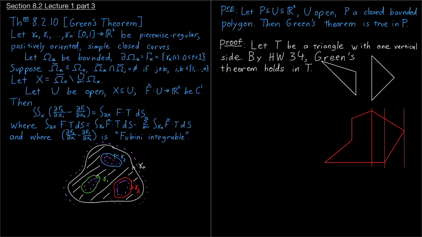Occasionally they'll overlap if you have vertices that are stacked on top of each other horizontally. And then that splits your polygon up into these nice vertical strips.